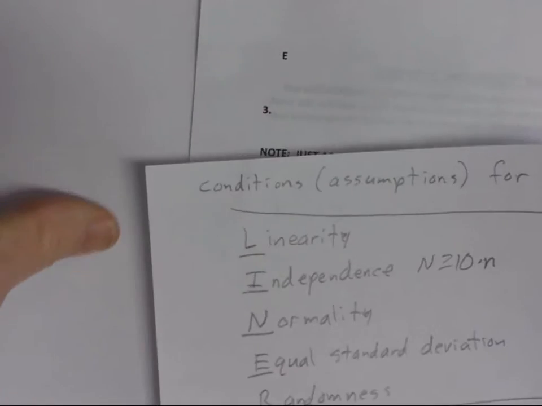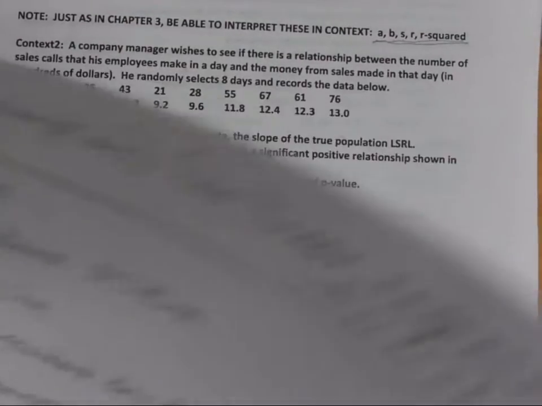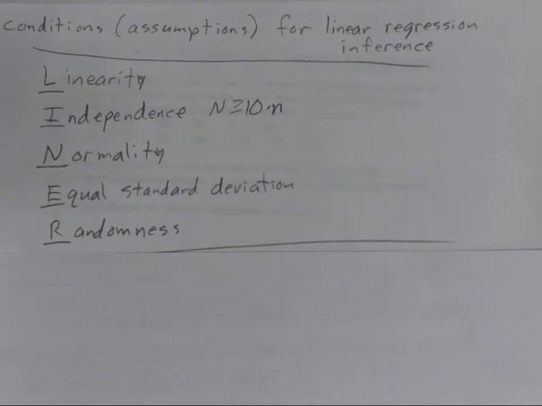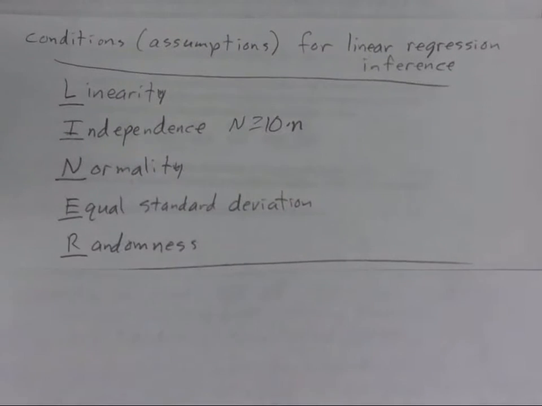Of course, in previous inference we've done, we use the acronym SIN, and that really applies here too, but you have to make sure the data is linear. So that's the other way of looking at it. You could just say, I've got to SIN, I've got to make sure it's an SRS, independent and normal, but I've also got to make sure the data is linear. But your book does the LINER acronym, which is another way of looking at it, and I think it's a good way of looking at it.